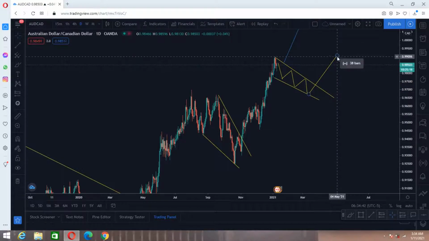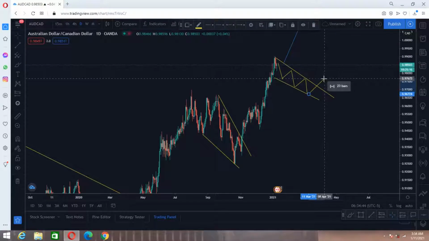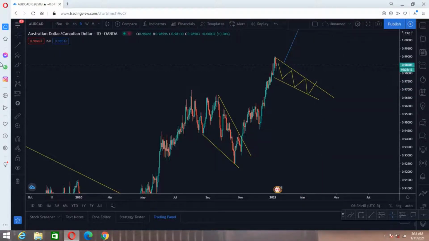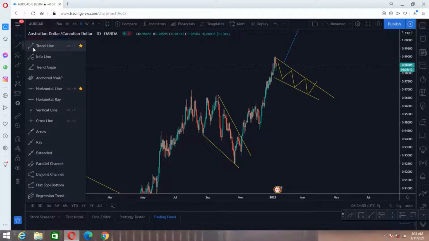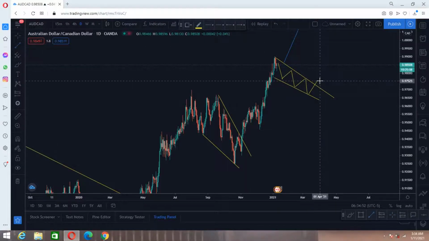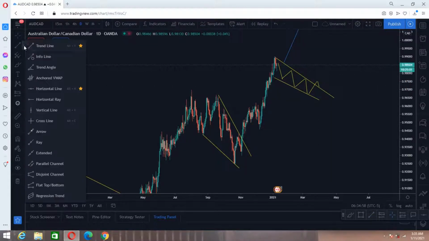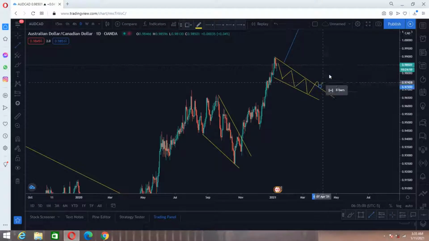Normally what I do is, if I do not enter on the third touch, I wait for it to break. After it breaks, obviously it comes for a retest. After a retest, that's when I usually enter my trades. Then I know that we're going to the upside.